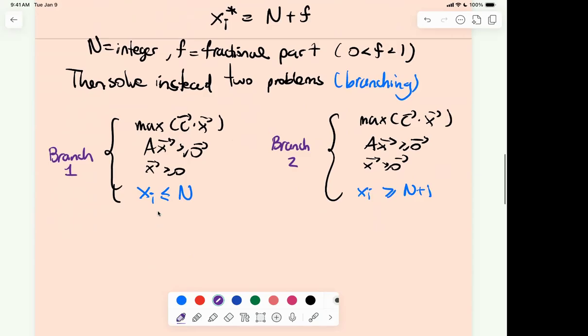And let's say that branch one produces a max, produces a solution, which I'll call x1 star because it's in the first branch. And let's say that this one produces a solution, which I'll call x2 star.